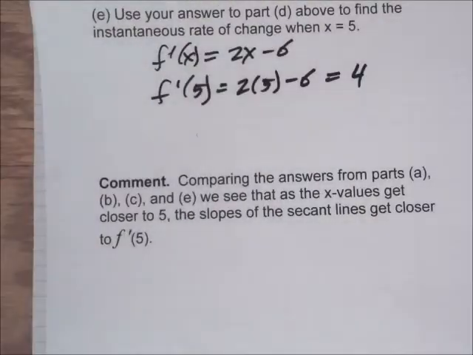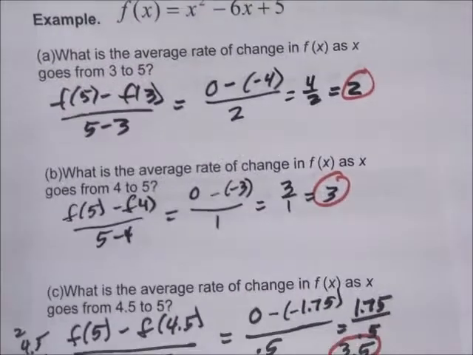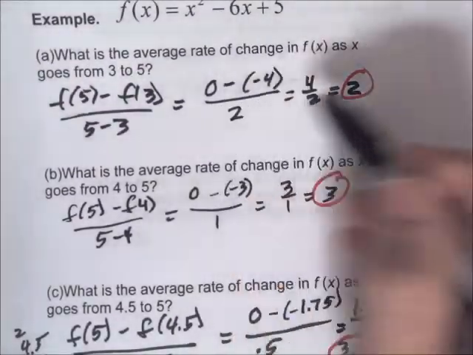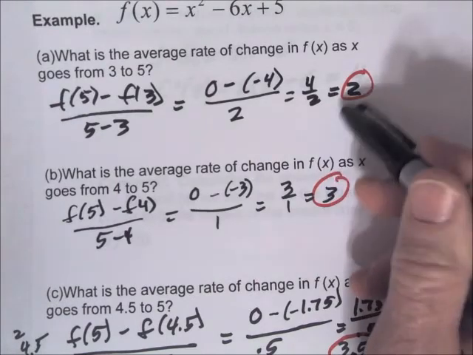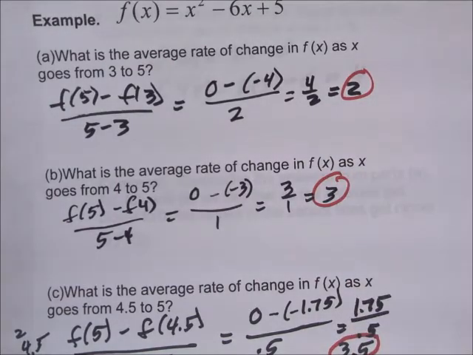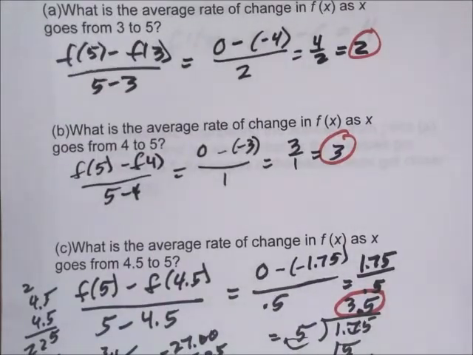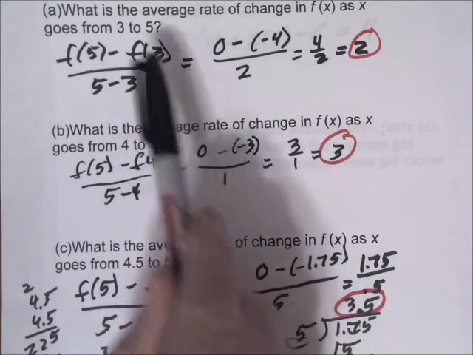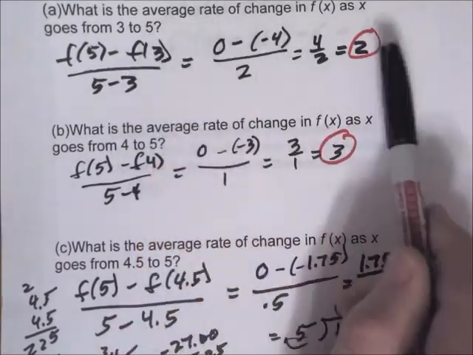And just looking back at our answers from parts A, B, and C, we see that as the points got closer together, we're getting closer and closer to 4, closer and closer to the instantaneous rate of change. So the average rate of change as x goes from 3 to 5 was 2.